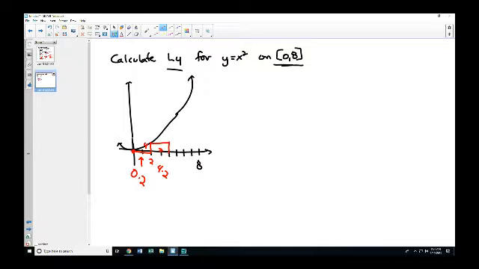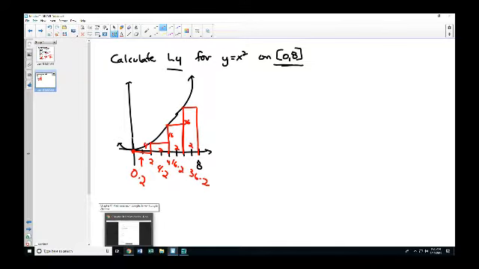Okay, what about the next one? 4 squared is 16 tall and 2 wide, right? And then 6 squared, 36 by 2. You see what we're doing?